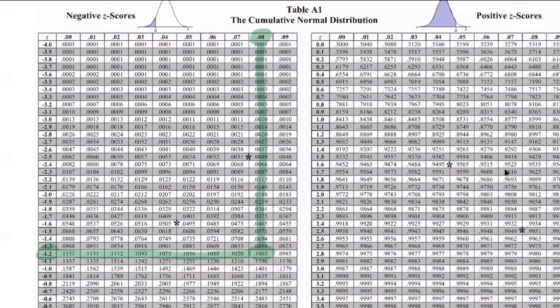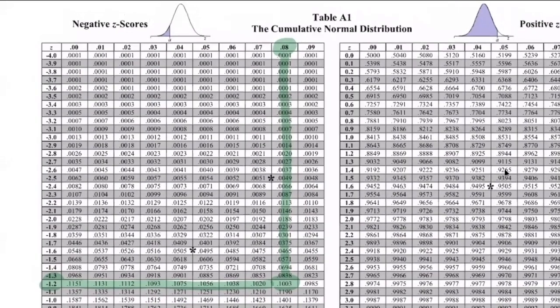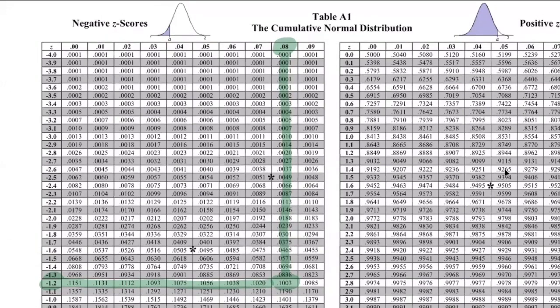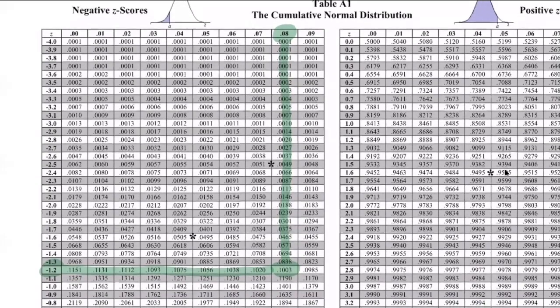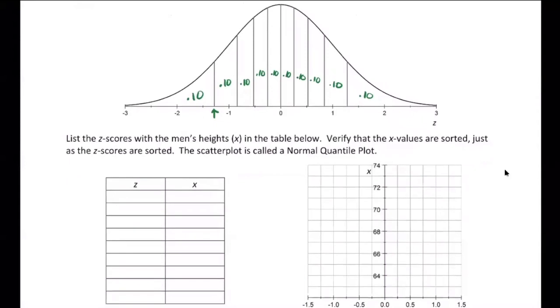That is the first of my Z-scores. You guys follow that argument? Negative 1.28. So let's put that into the notes. You can see it fits with the picture here. That's my first Z-score, I'll put it down there.